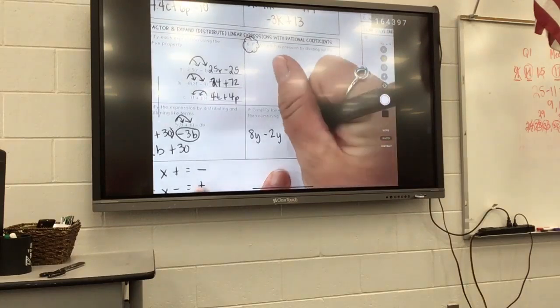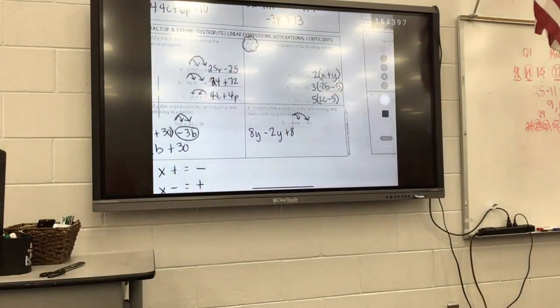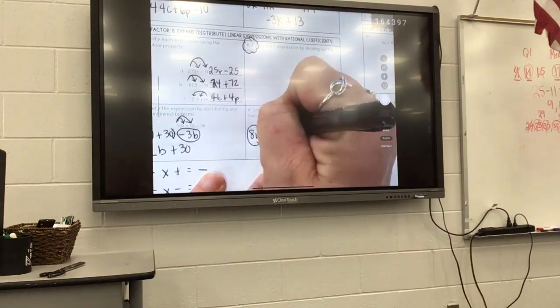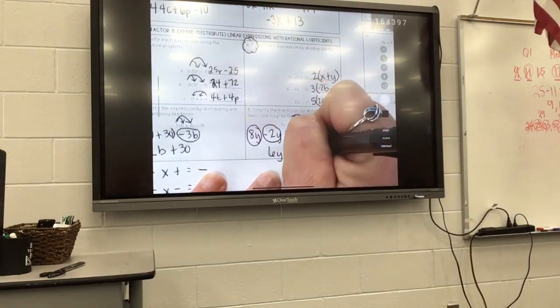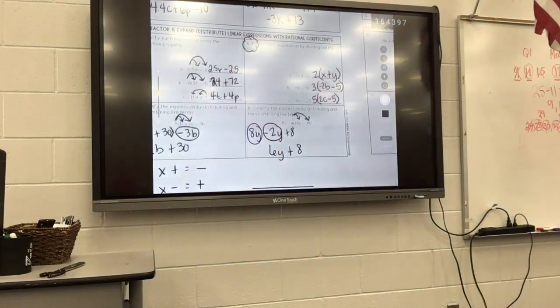Super. All right, now are we done? No. Because what are the rest of the directions? Combine those like terms. So we're going to combine 8y minus 2y, so 6y plus 8 is your final answer.